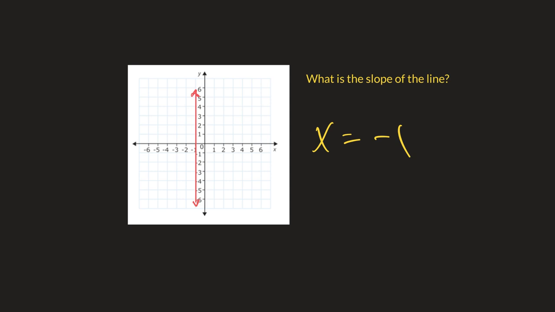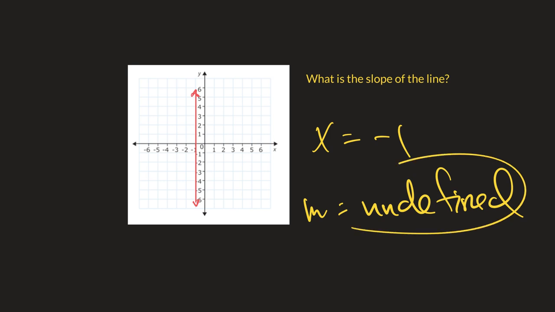Therefore, it is undefined. So our slope, and write that out, undefined. Your slope, remember lowercase m represents slope. Okay, so m equals, or you could write slope equals, a vertical line is undefined.